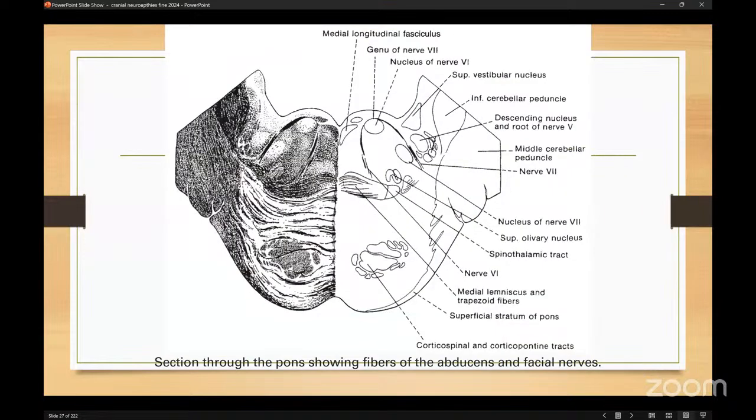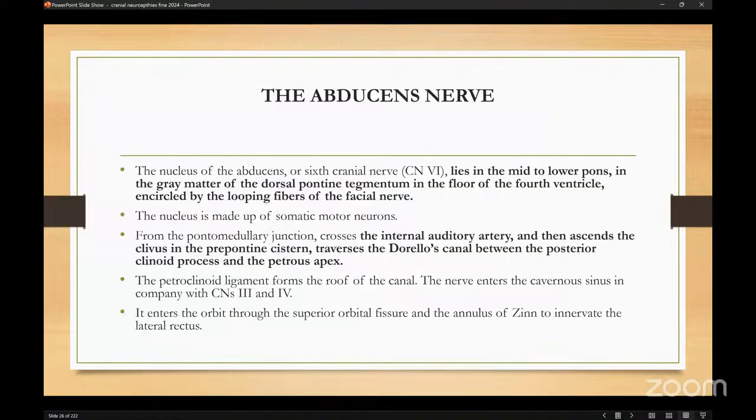So I'll just show it over here. This is the nucleus of sixth nerve. This is the seventh nerve, which is actually facial nerve. This is the internal genu of the facial nerve. This is the sixth nerve nucleus, and the sixth nerve comes out from the pontomedullary junction.